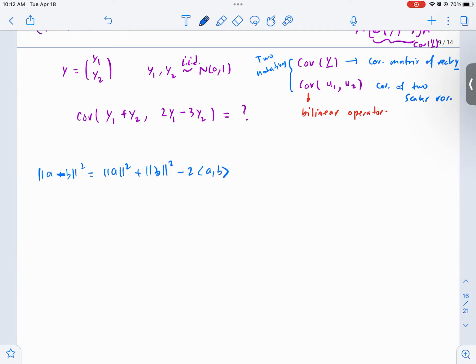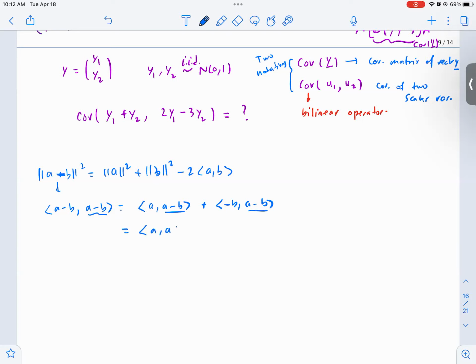So I mentioned that the inner product is a bilinear operator. What it means is that I can write this as a minus b, and then I can distribute as if I'm doing just the usual product. So you get a times a minus b, plus minus b times a minus b. Think of this as fixed. So I can distribute it to the two sides and then distribute it further.